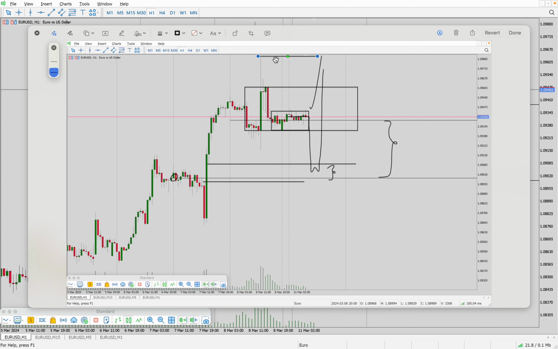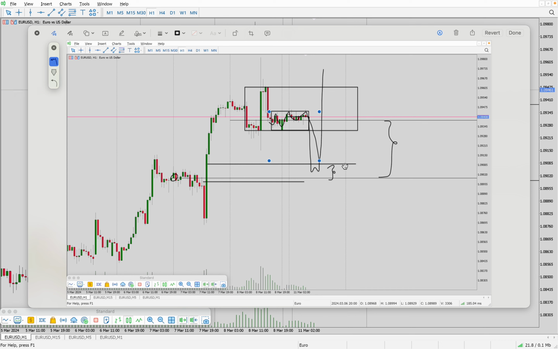That's okay. That's a variation on a theme. I'll need to learn how to catch those even better as time goes by. But for now, I am certain that this triple top structure in here is going to give me that down move.